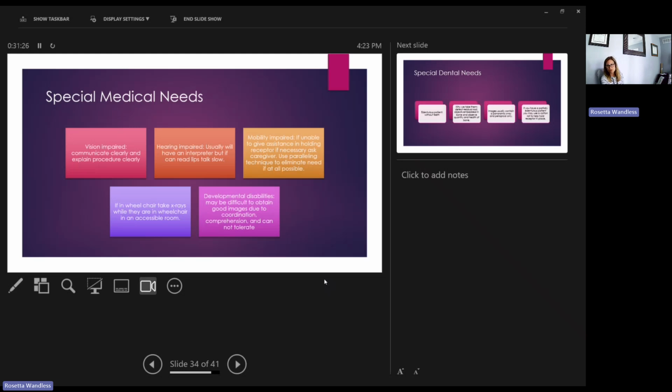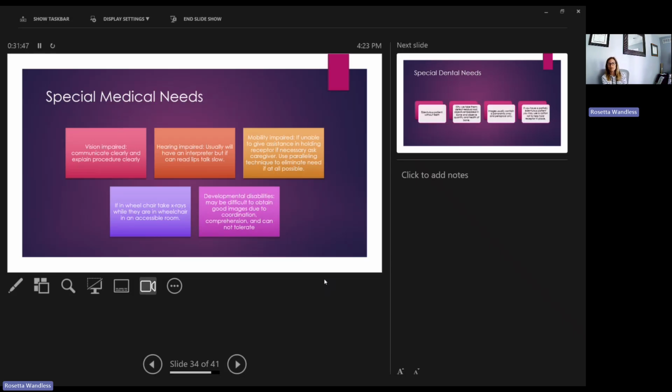We want to use the paralleling technique as much as possible to eliminate any risk of a redo. If in a wheelchair, we can take x-rays while they're in the wheelchair, if the room is accessible. We're going to treat it just like an operatory chair. If there's room, we may need to move our chair to let them access it.